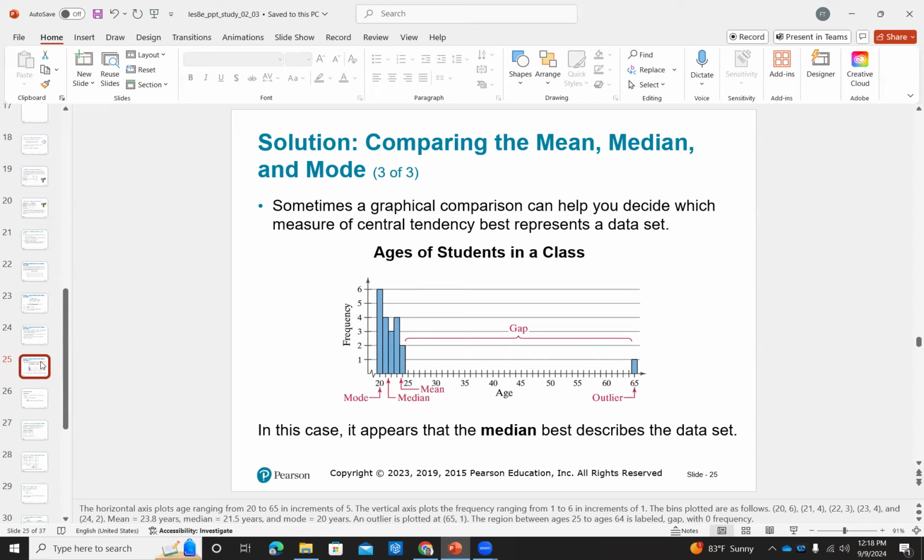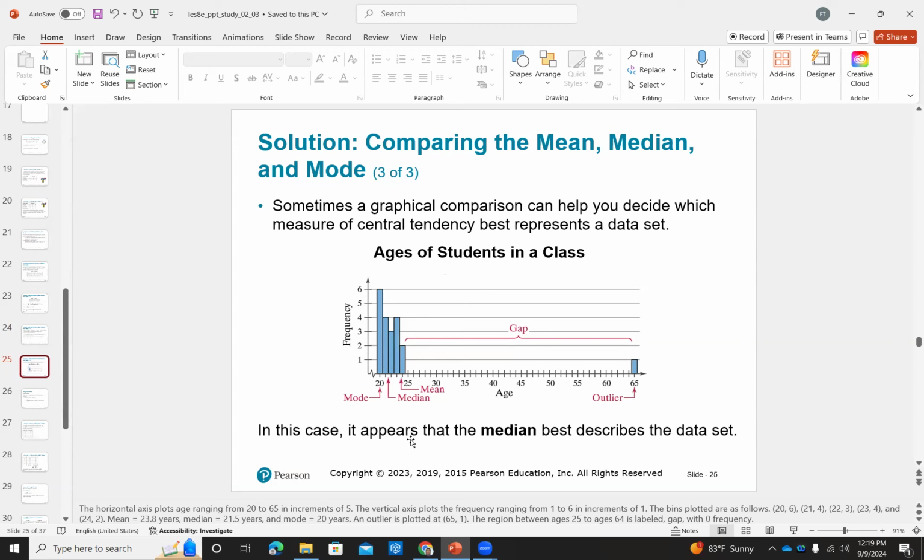Sometimes a graphical comparison can help you decide which measure of central tendency best represents a data set. Here they have the mode, the median here in the middle, the mean here, and then this is the outlier 65, and these are the frequencies: how many people you have at the age of 20, how many at the age of 21, and this is the gap between the last 20-year-old and the 65-year-old.